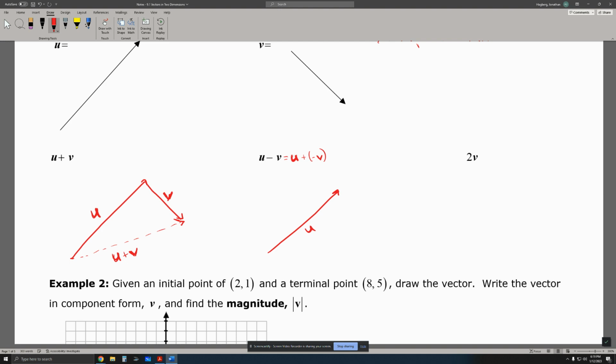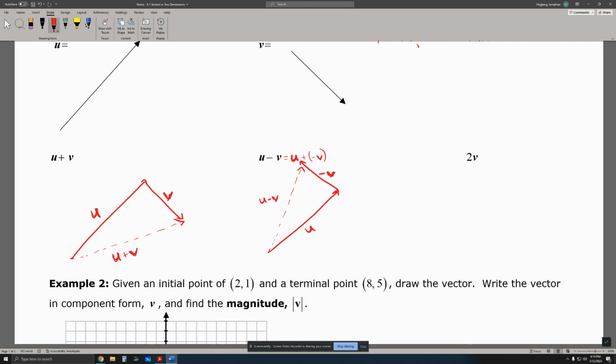And now for v, instead of going down and to the right, the negative v is going to be up and to the left. So this is going to be negative v. Then the resultant vector is going to be more up and to the left than the u plus v. So the resultant vector is vector u minus vector v.